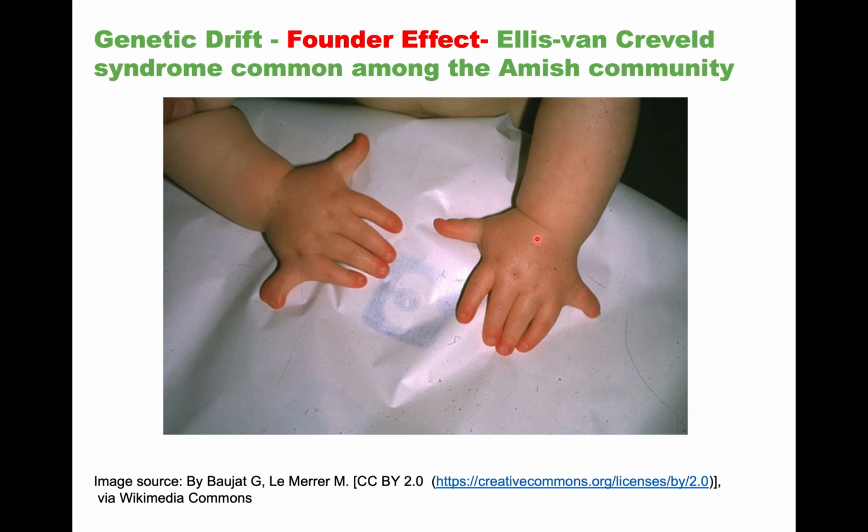An example of the founder effect is the preponderance of a disease called Ellis-van Creveld syndrome, which is common among the Amish community, which traveled from Germany to the United States. The Amish usually interbreed within themselves and don't mix with the rest of the community, but they came from a larger German population in which the allele that causes this particular disease wasn't that common.